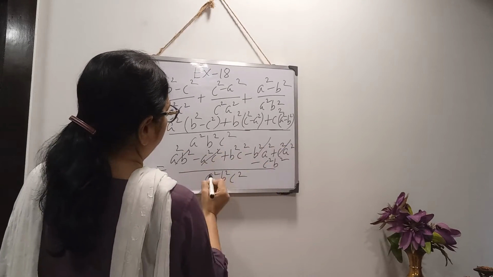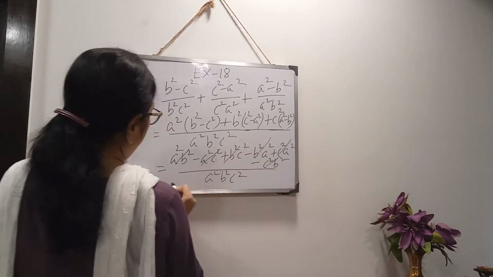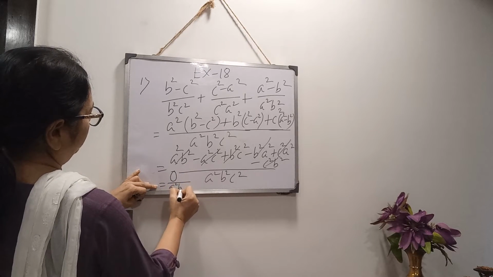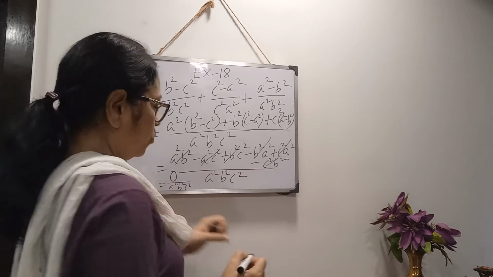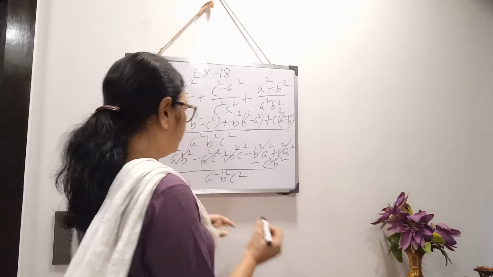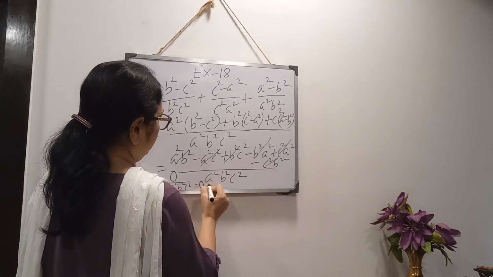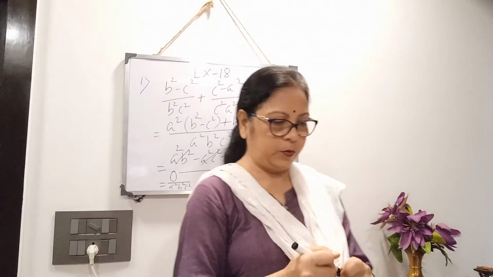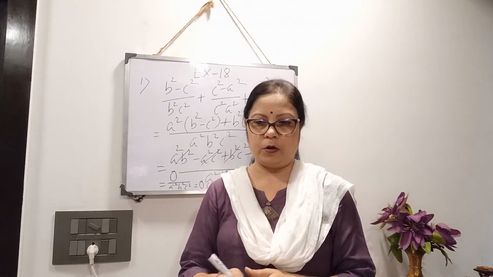Minus, plus, this. So in numerator we are getting 0 and denominator a square b square c square. You know 0 divided by any number, its answer is always 0. Clear? So in most of the cases in simplification chapter you will see answer either will come 0 or it will come 1.